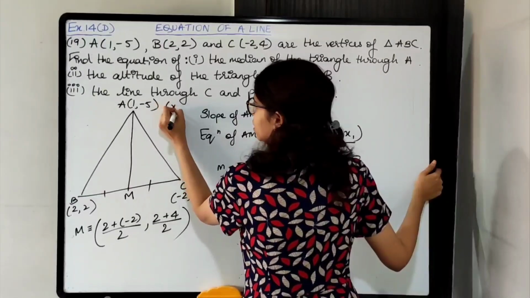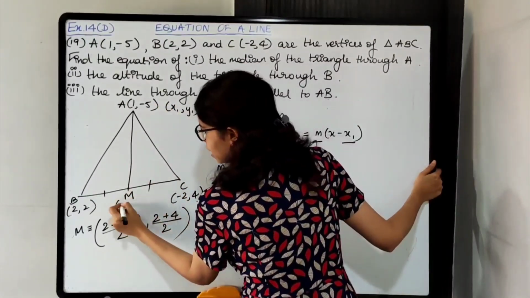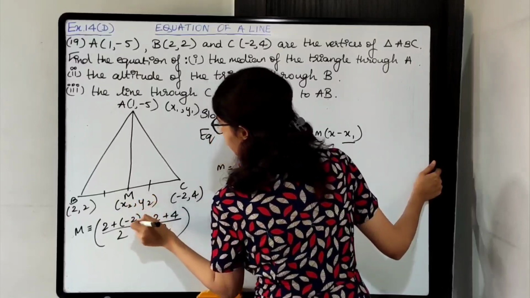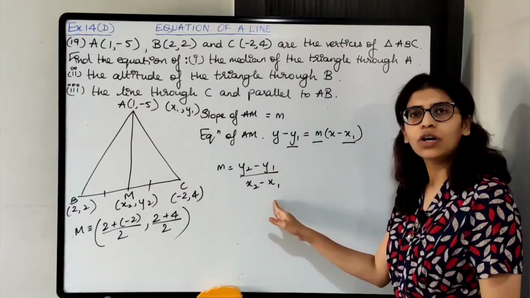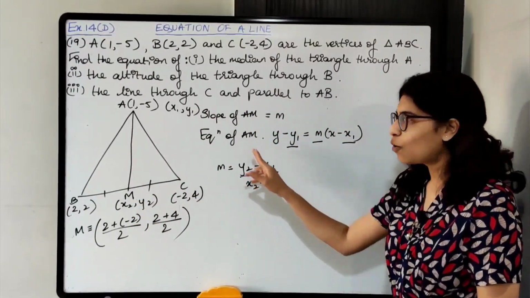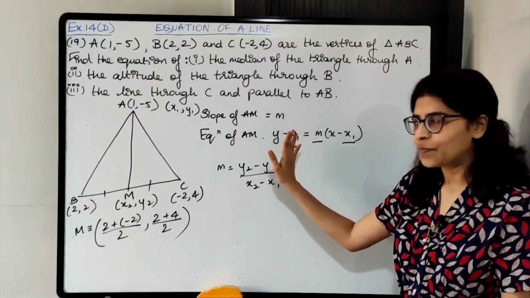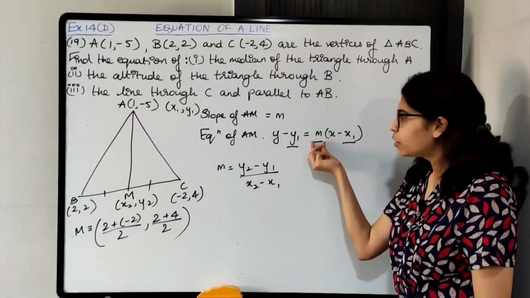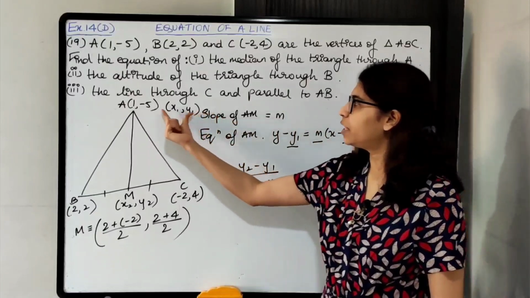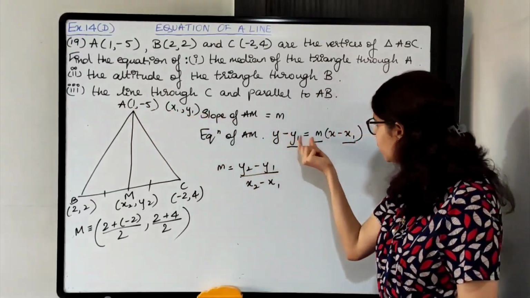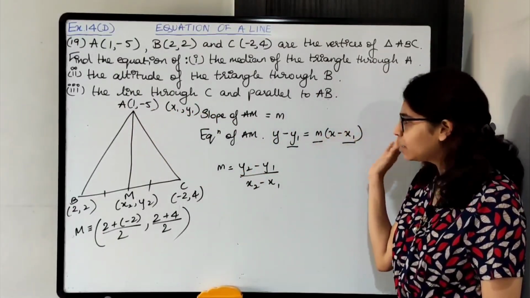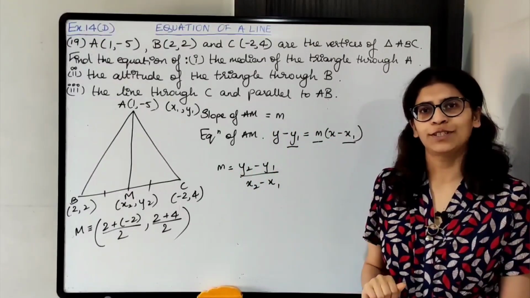Take this as x1, y1, this as x2, y2. Put the values of the coordinates and you will get the slope of AM easily. Put the value of the slope. We have taken A as x1, y1. So put the values of x1 and y1 and m. You will get the equation on solving further.